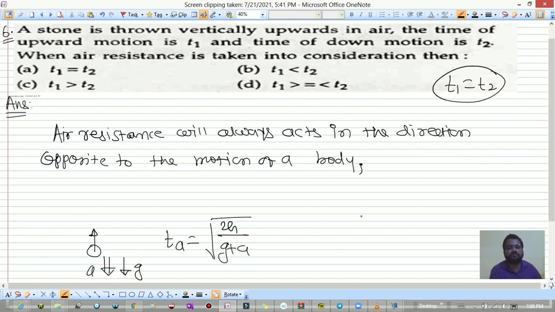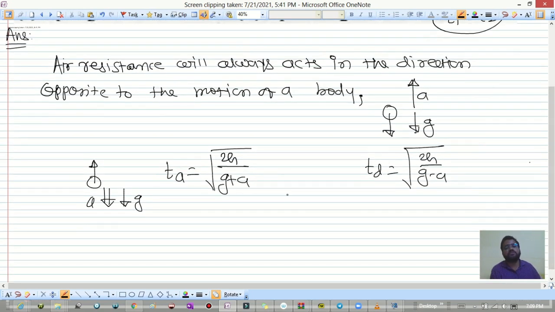Okay, no problem. Now when it is coming down, gravity will act downward, but the air resistance will act upward. So g effective is g minus a. We have to write time of descent is root of 2h divided by g minus a. Now tell me which one is greater over here. TD is greater than TA, or else TA is lesser than TD. Why did I write this?